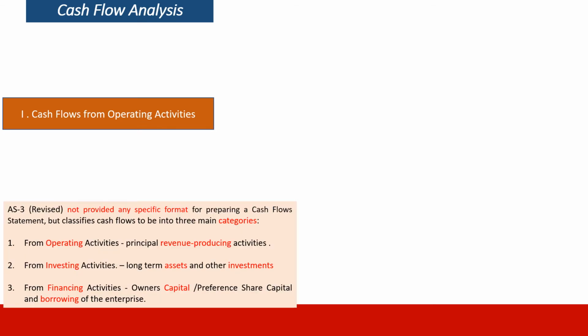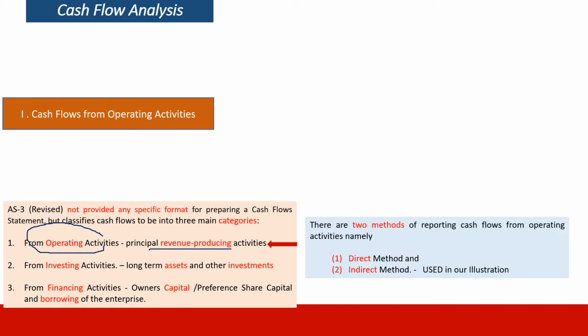Let us just see what is cash flow from operating activities. Operating activities, we talk of revenue producing activities. If the company is into production of motors, whatever cash flow that we generate from the production of motors is an operating activity. It is a cash flow from operating activities.